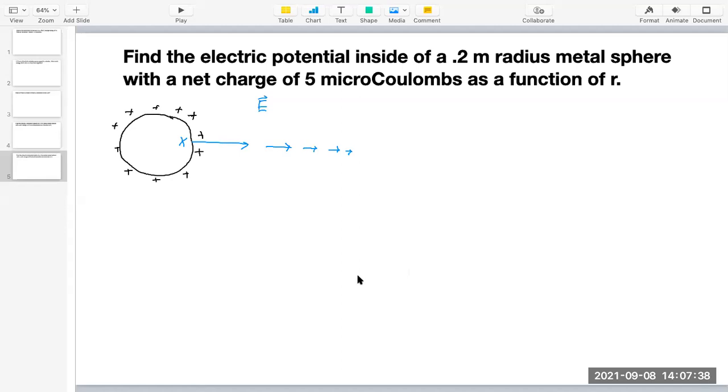So to make a graph of this, our electric field against distance, it has a 1/r² relationship.